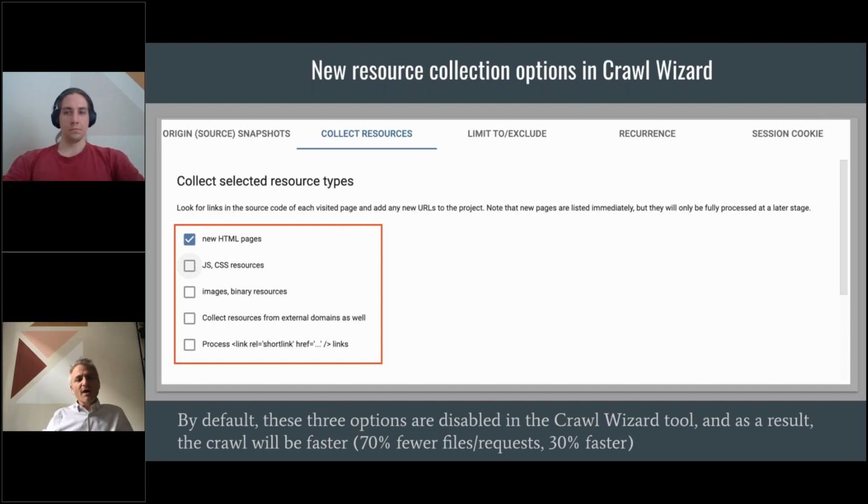And basically, starting from now, we recommend these following fine-tuning options for crawling. We highly recommend that only the HTML pages should be looked for at the very beginning of the project.